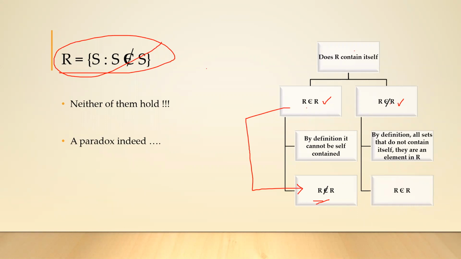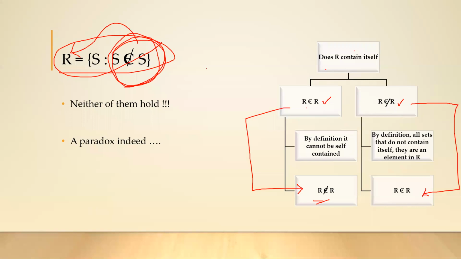And now let's see the other part. R does not belong to R. Again, if you look into the definition, all the sets which do not contain themselves are a member of R, which means R belongs to R. I started off with R does not belong to R, and then I came up with the contradiction R belongs to R, which means, does R contain itself?